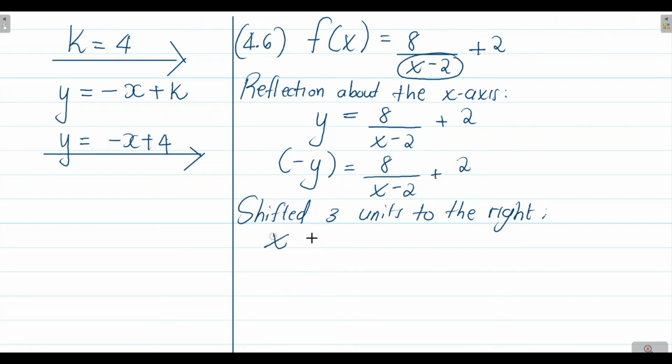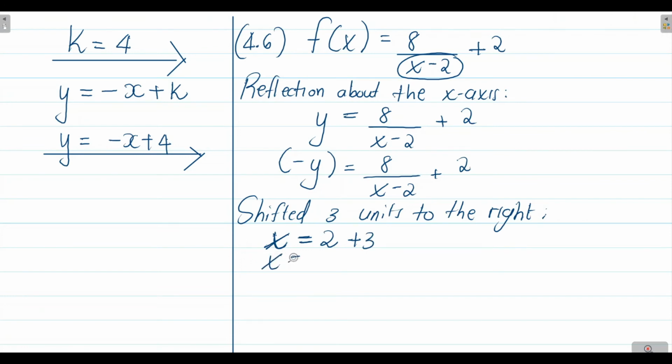So we focus on that x minus 2 expression, right? x minus 2 is the same as saying x is equal to 2, right? But then we know that it has been shifted 3 units to the right. So x is equal to the original 2 that we had there, plus the 3, because it's moving 3 units to the right. So you plus 3, right?